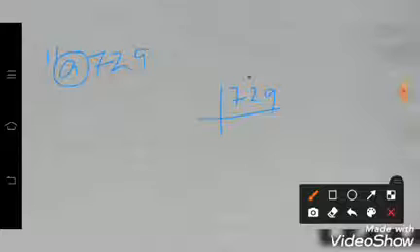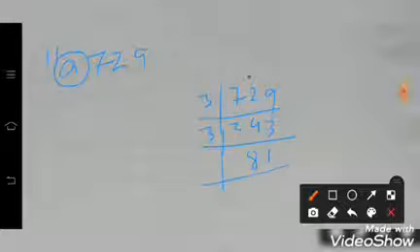So here we can divide by 3. 3 2s are 6, 1 carry, 3 4s are 12, and then 3 3s are 9, 243. And then here we can divide again by 3. 3 8s are 24, and 3 1s are 3, 81.